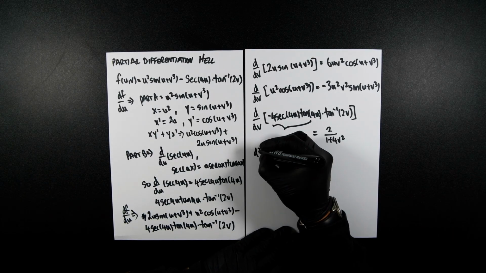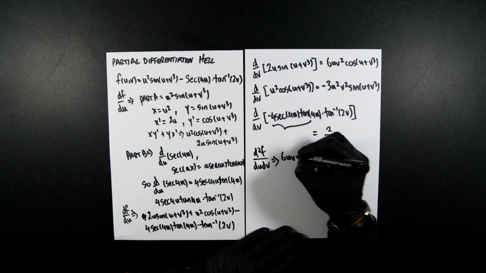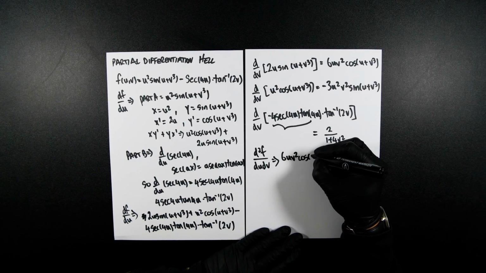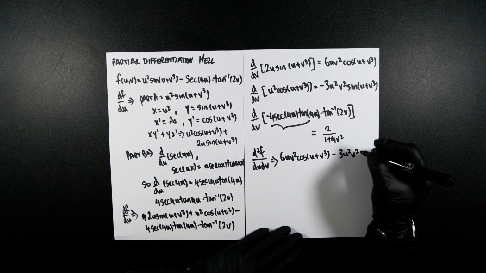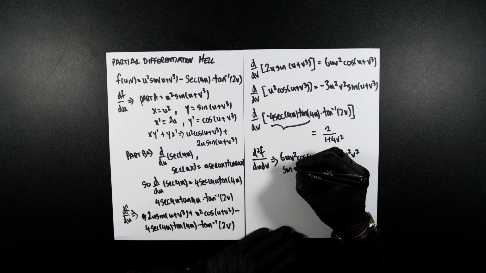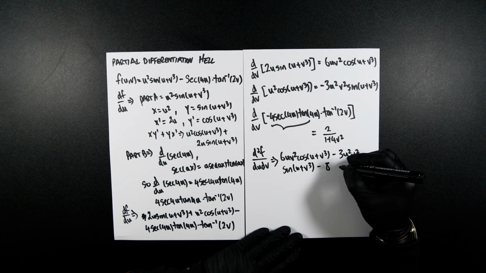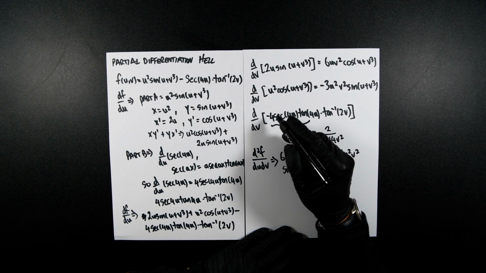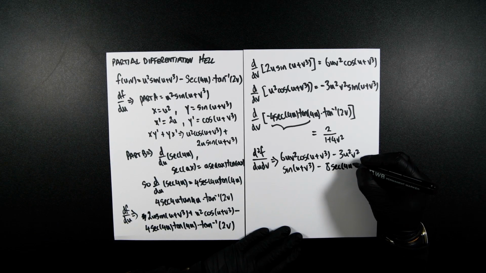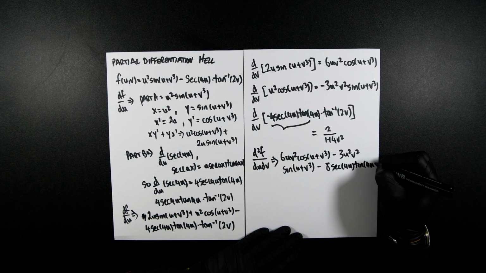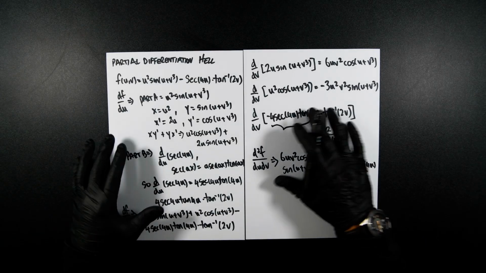So we're going to get d squared f/du dv, and that's now going to be 6uv squared cos(u plus v cubed) minus 3u squared v squared sine(u plus v cubed) minus 8, yes, because 2 times all of that is minus 8 sec 4u tan 4u, all divided by 1 plus 4v squared.